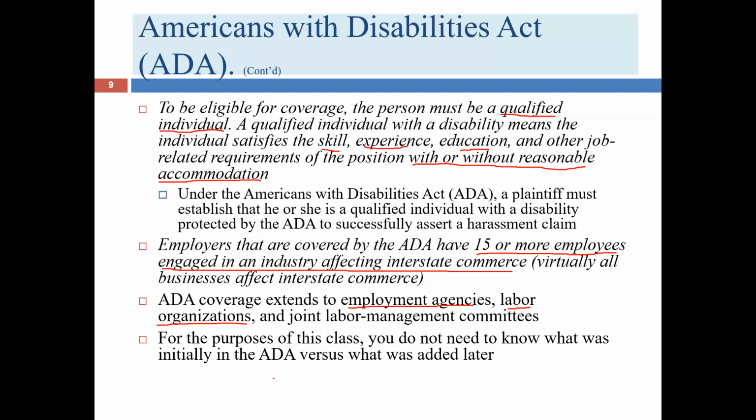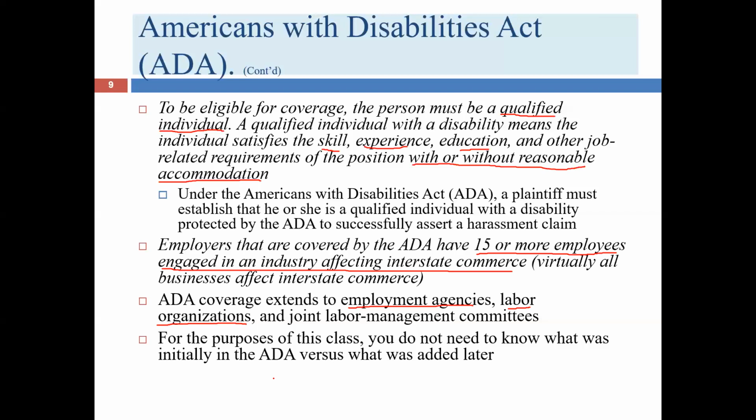It is not necessary that you know what was added in this year or that year, because obviously all the additions have happened, and there wouldn't be any possibility, even though the last edition, I think, was in 2006, all the cases you'll be dealing with happened after 2006. So it's not important to necessarily know.